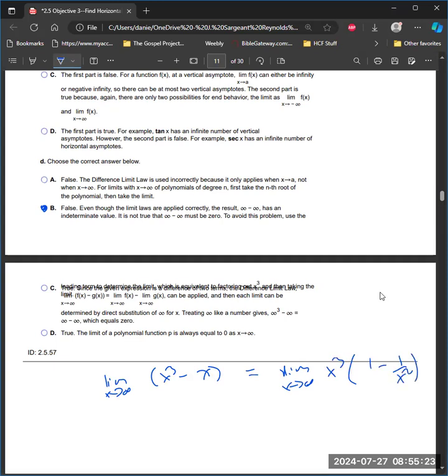Then this limit would have been infinity times 1 minus 0, which is infinity times 1. It's infinity. And again, you're not supposed to treat infinity as a number here, but the idea is that this isn't doing anything other than maybe changing the sign. That's why you have to take that into account, as if this piece goes to a -1, that's going to make that a negative infinity.